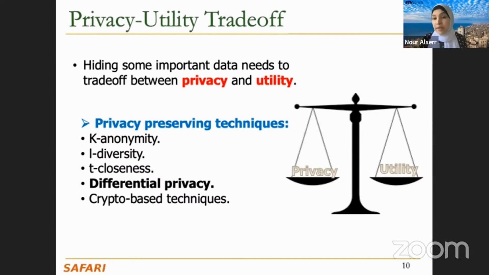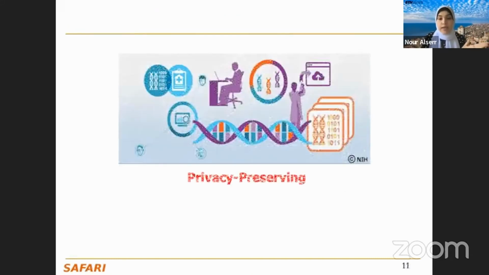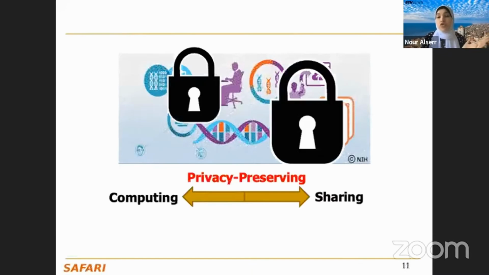What are the limitations? How can we mitigate these limitations? This is what we will learn next. Okay, so in general, if we are talking about genomic data privacy, we need to consider both the computing and also the sharing. What we consider in this lecture is the sharing of the genomic data.